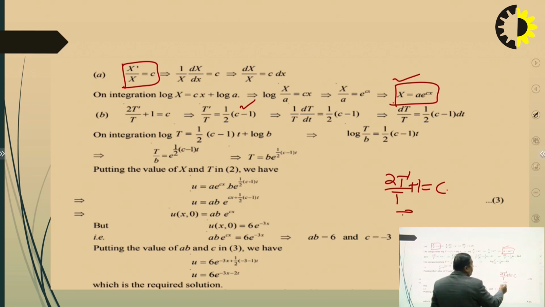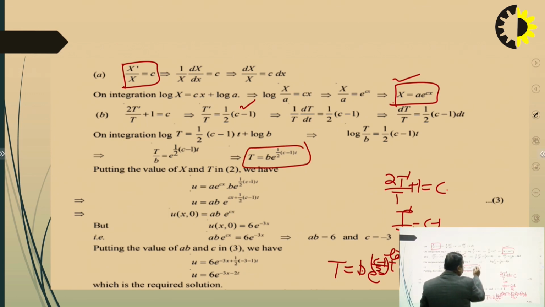So log T equals c minus 1 upon 2 into t plus log b, a constant. That is, T equals b e to the power c minus 1 upon 2 into t.